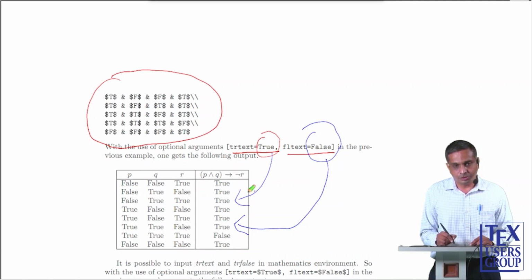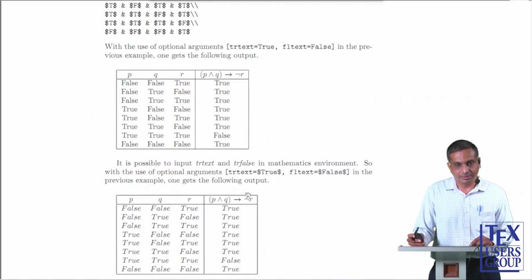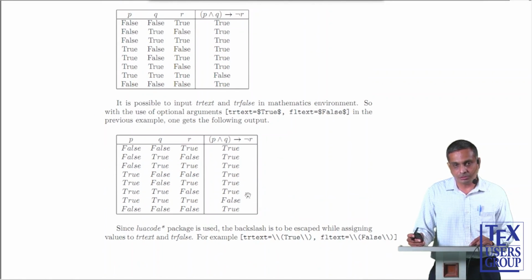One can also enclose the values for TR text and FL text in mathematics environment. For example, here true is enclosed in dollars, that is in inline mathematics environment, and similarly FL text, which is false, is enclosed in dollars, and this results in this table.